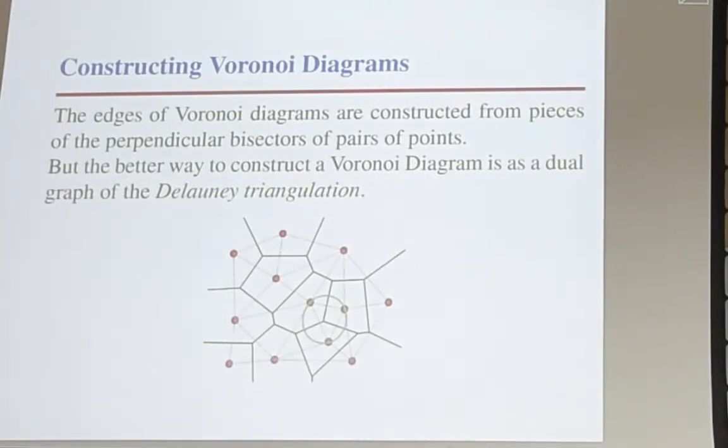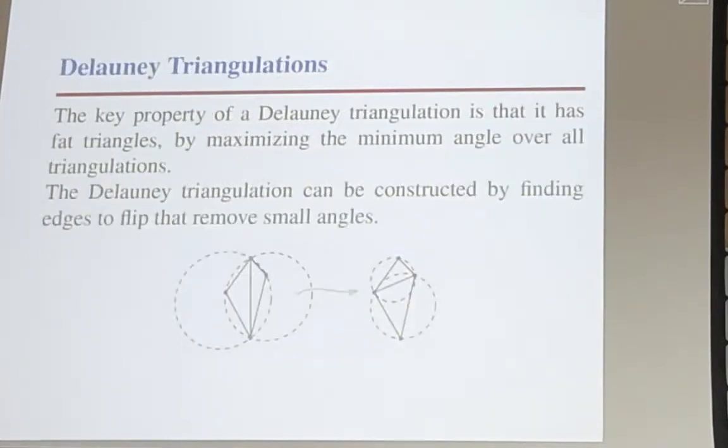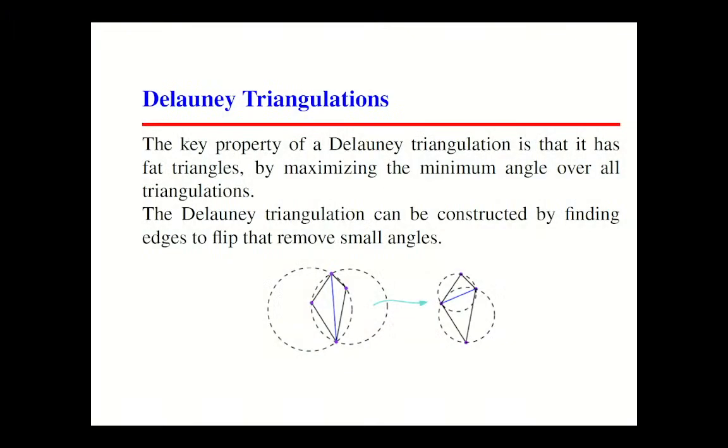There's something called the Delaunay triangulation, which happens to have the property that it has the fattest possible triangles you can make over all triangulations. And the way you get to it is, if you have a triangulation with skinny triangles, you can flip the edge between two triangles that share an edge, and you will end up getting fatter triangles.